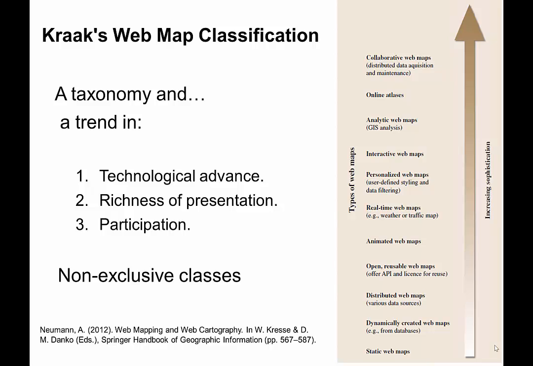This technological advance has allowed a greater richness in presentation than was available in the past, and also, particularly through open source software and encouragement from various government and education authorities, it has increased participation by people in web mapping.